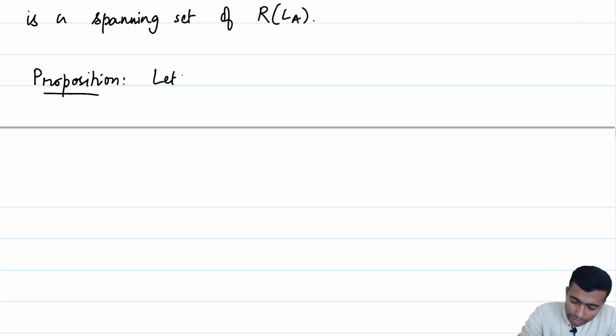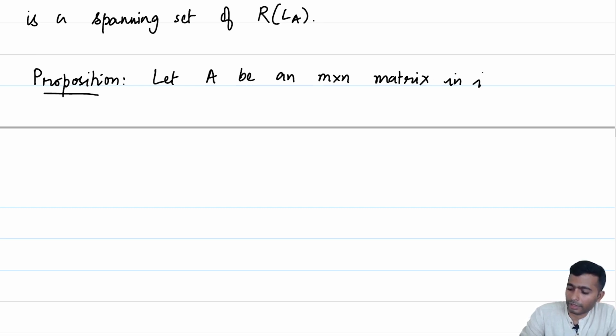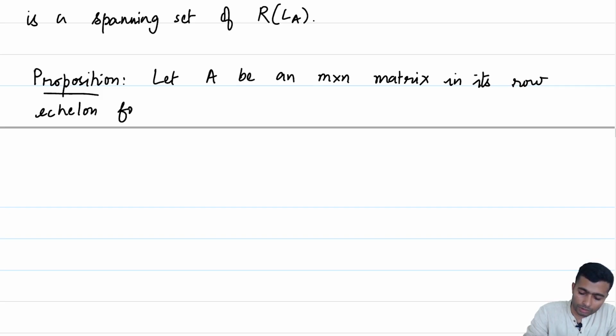So, let A be an m cross n matrix in its row echelon form. So, recall that matrix A is said to be in its row echelon form if every row satisfies the following property.